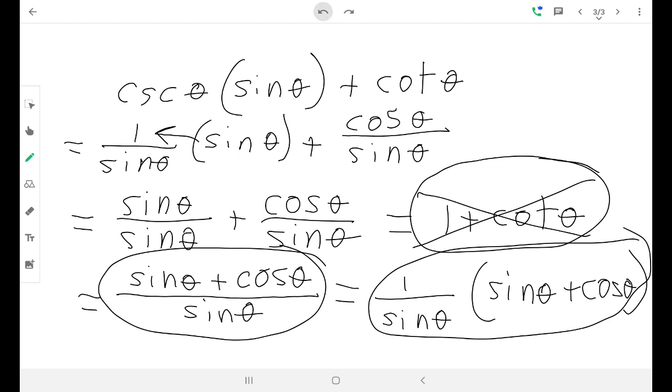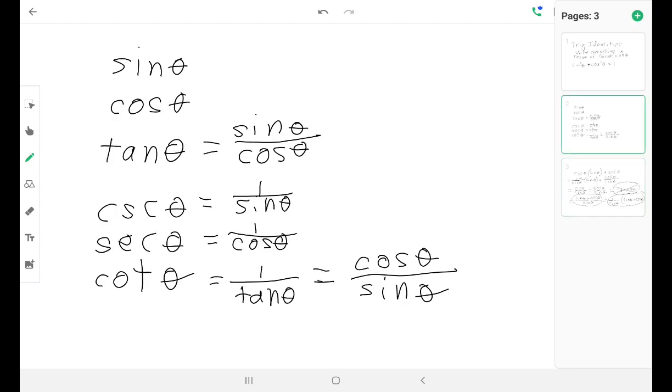This idea here can become a 1. You're going to have a bunch of stuff that cancels like that and simplifies it by quite a bit. So my advice is always look at these trig identities here.